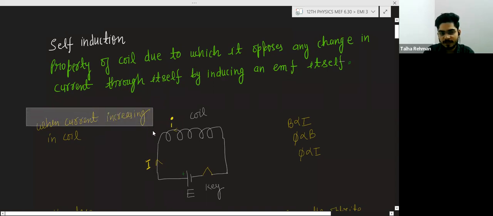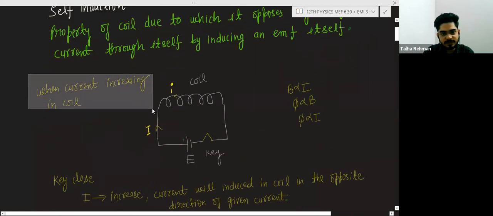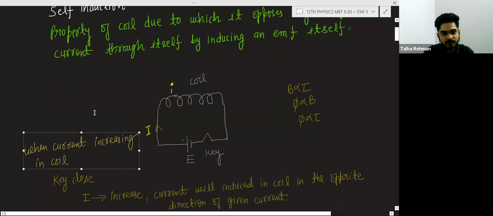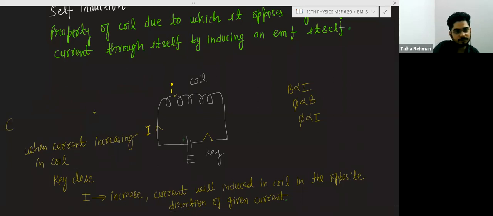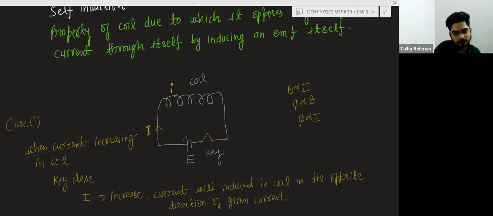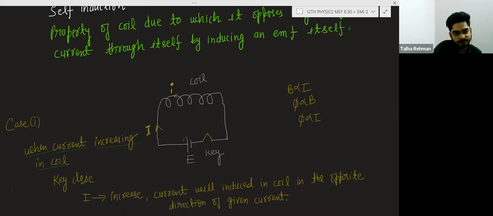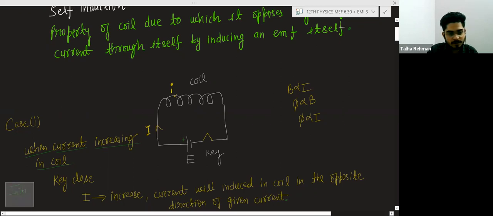Okay, so this is the case when the current is increasing in the coil. This is case number 1. When the current is increasing in the coil, initially your key was open, now the key is closed.